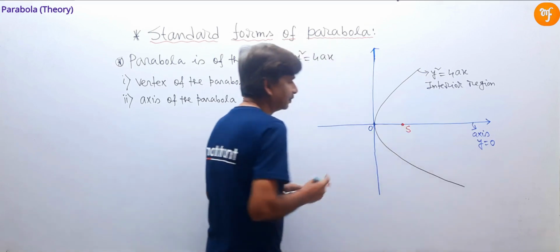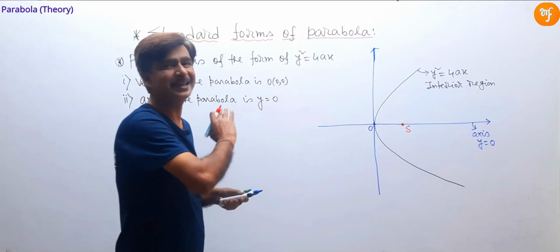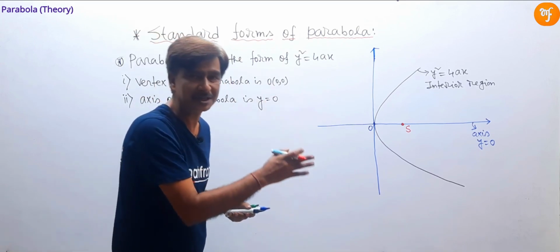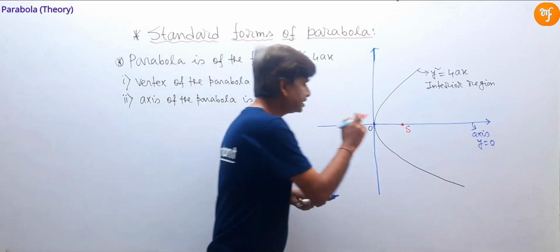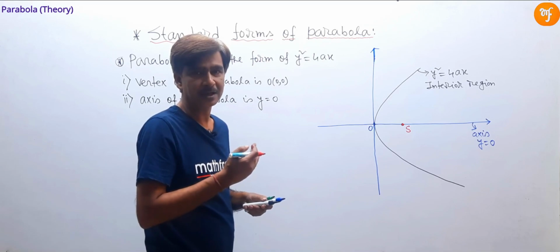So this point lies on the axis of the parabola and inside the parabola, or at the interior region of the parabola. This stationary point is known as the focus of the parabola.